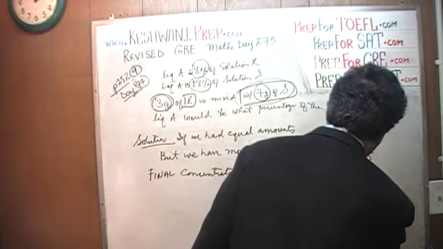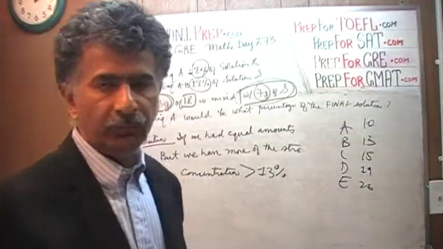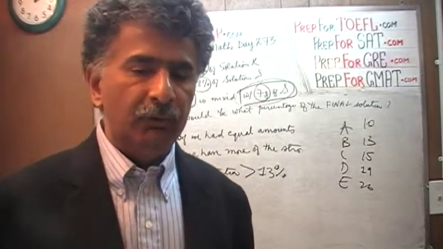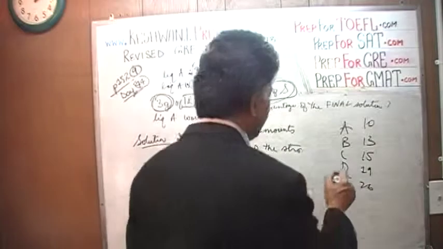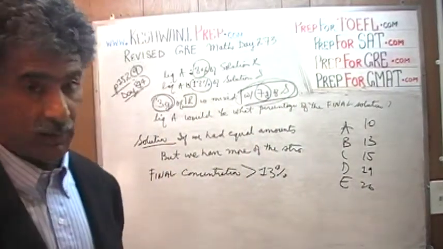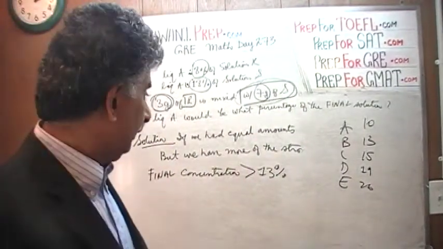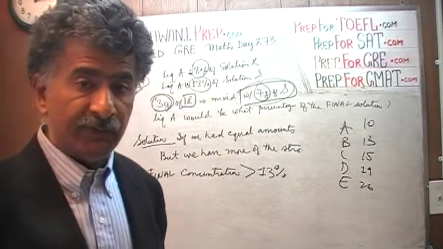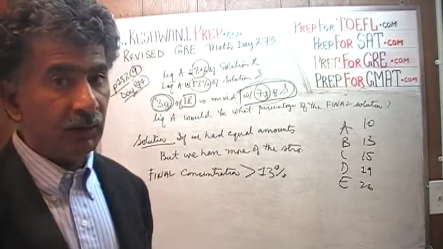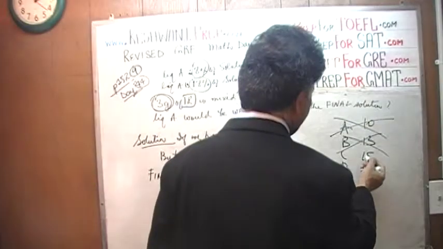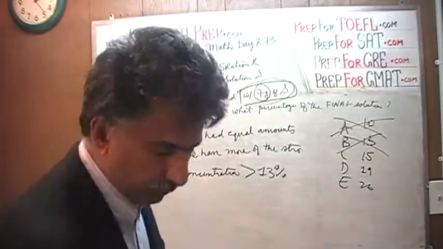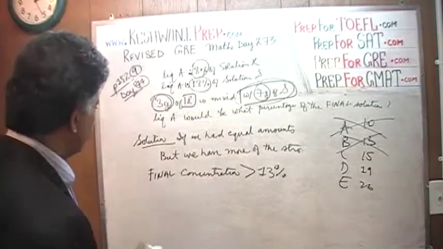It's too bad because I was hoping that we'd knock out at least 2 answer choices, if not 3. Unfortunately, we can only, actually no, I'm wrong. We can knock out 2 answer choices because we just said the final concentration has got to be more than 13%. It's not going to be equal to 13%. The answer cannot be A or B. It's got to be either C, D or E. Let's continue then. What happens next?